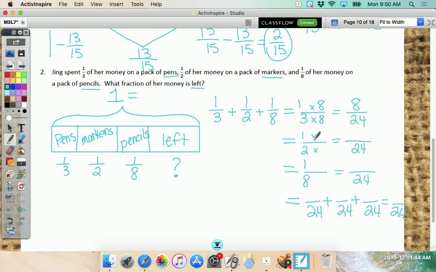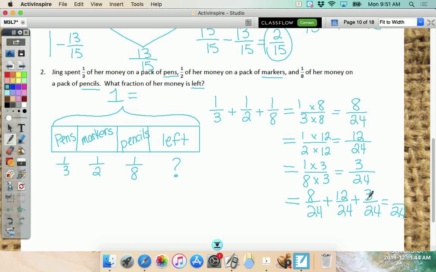No, 2 times 3 is 6. Now I got to get to 24. Anybody know? 12. Yep. And Jaden, what did you take 1/8 times? Good. So I've got an 8, a 12, and a 3.